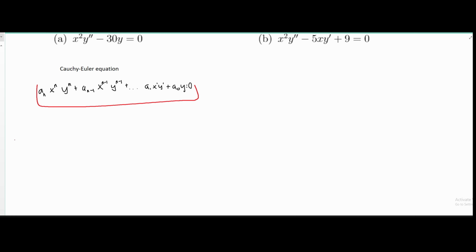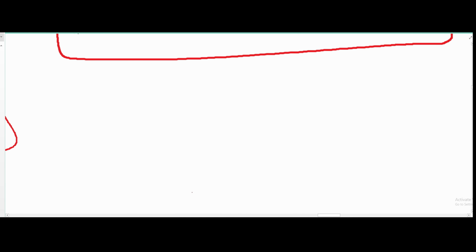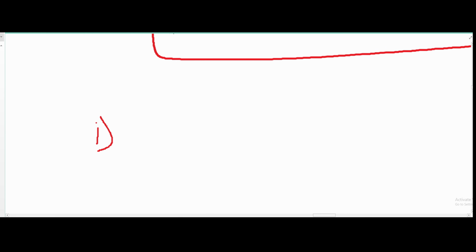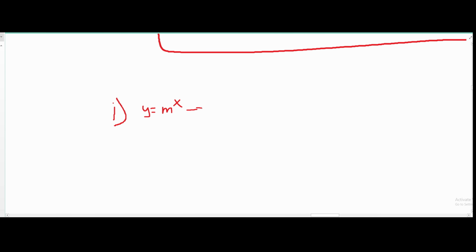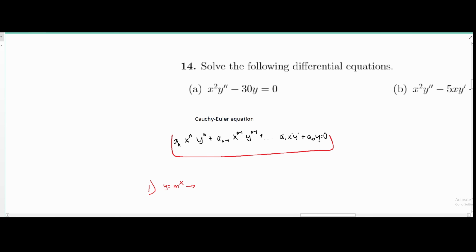Part A, we're going to follow a series of steps. The first step is that we use y is equal to x to the m. We're going to plug this in for our y. But we need to take the derivative twice so that we can plug it into our equation.